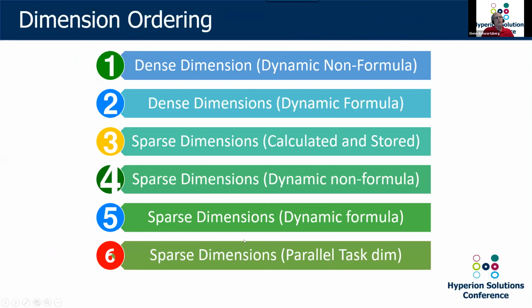So basically what we want to do is order our dense dimensions first, then our sparse dimensions. And if you've got sparse dimensions that are doing heavy calculations, put them later on to make sure that the other sparse dimensions are getting aggregated first. That's the second takeaway that we found in our testing: by either increasing the solve order or moving those heavy calculation dimensions later on, the sparse ones, we're getting faster performance and accurate calculations.